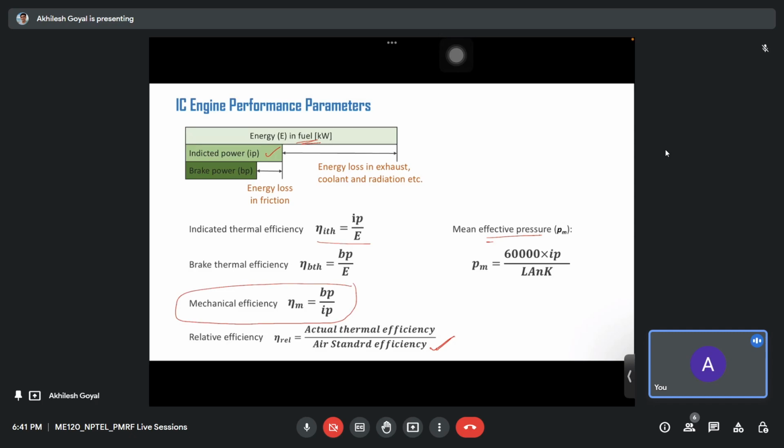This can be written in formula form as well. Here you can see it is written in terms of indicated power. The mean effective pressure can be written in two terms, indicated power or brake power. In the case of indicated mean effective pressure, it is IP here, but in the case of brake mean effective pressure, we will use brake power at this position.